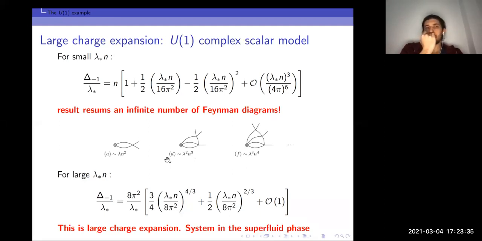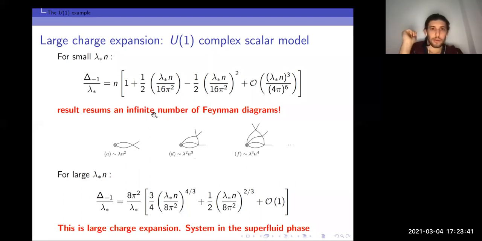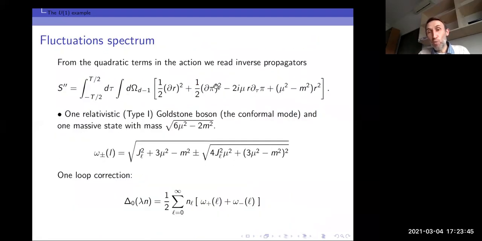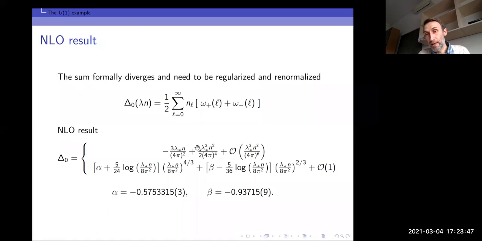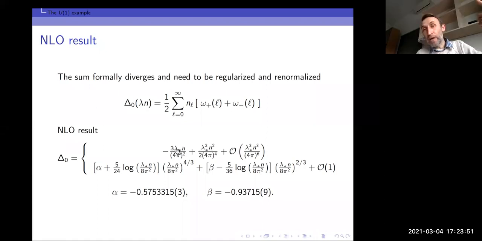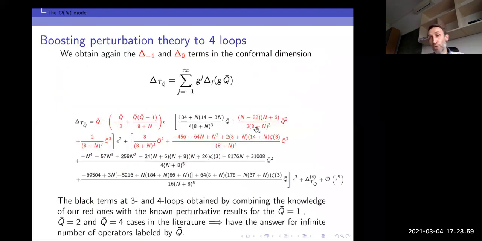For the Goldstones, the results will have 1 less power in n. Yes, because it's subleading. If you take this and compare with the Goldstone, it has basically 1 power of n less. The classical one was lambda n squared. Here it will be lambda n, the first term for the Goldstone. And this is the general logic. That's why I showed these red terms here.